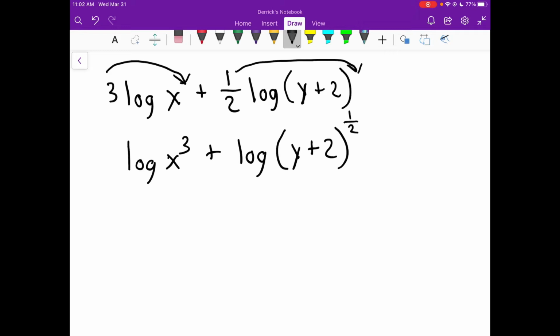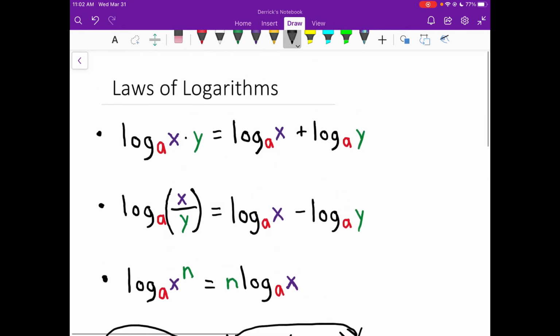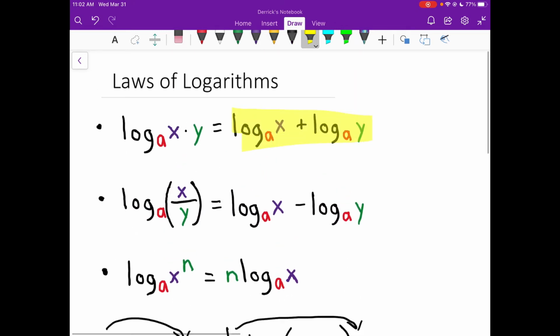Now that I've taken care of any coefficients, we can actually try and combine these into a single log. And so then we would want to use the first law where we are saying, okay, we have 2 logs being added together, so let's combine them into one and multiply the 2 things we were taking the log of.